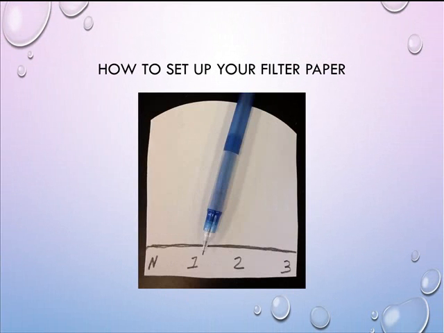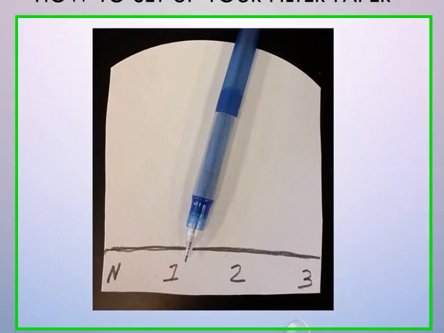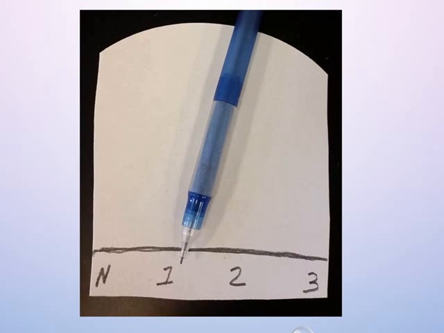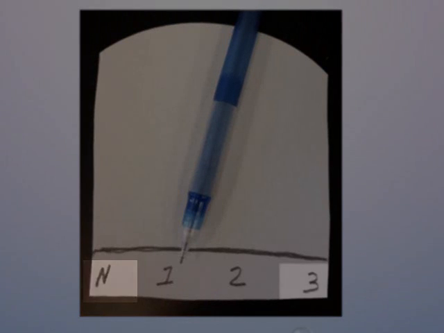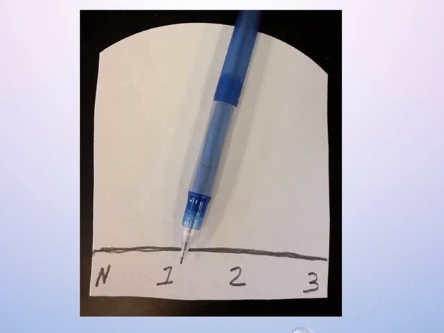Our next step will be to write under the line, first the letter N in the very left corner of the filter paper. Then, in the very right corner of the filter paper, we'll write the number 3.